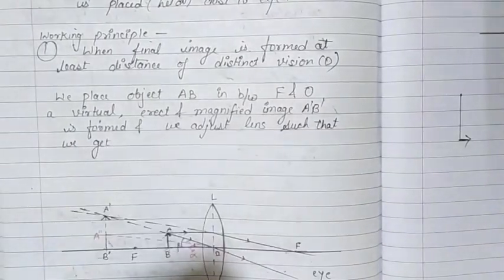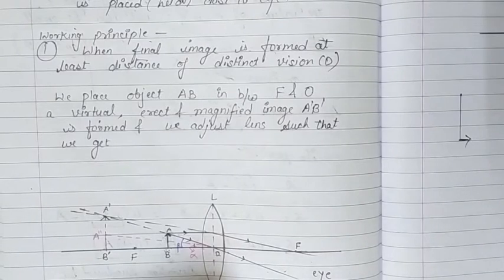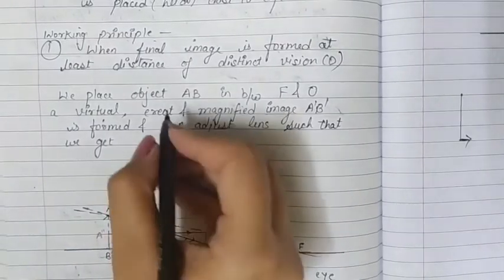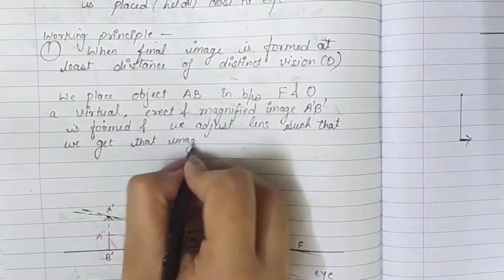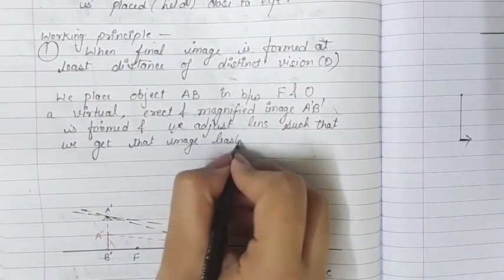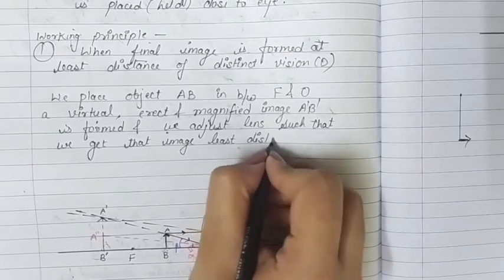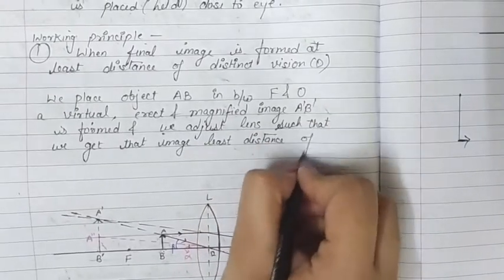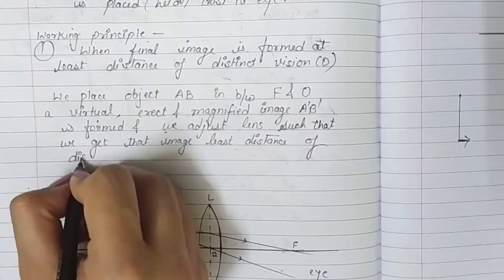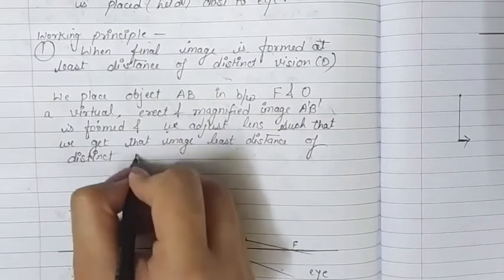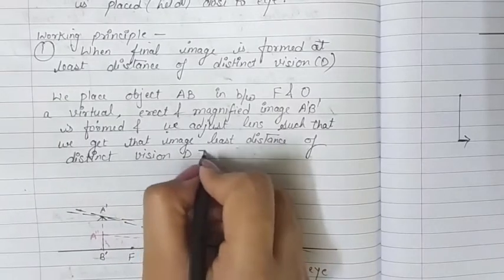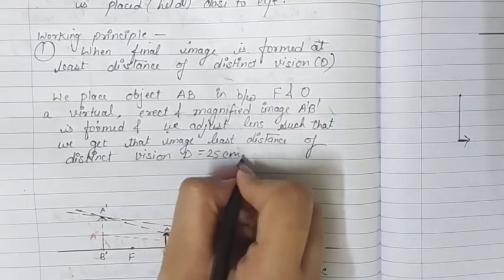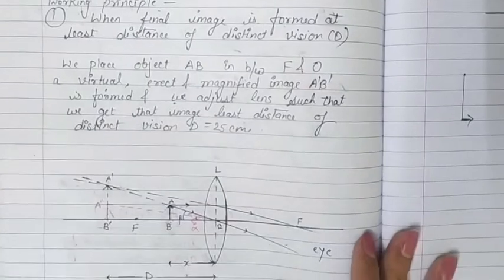We get a clear image means we are getting that image at the distance D, such that we get that image at least distance of distinct vision, that means capital D, and for a healthy eye this is equal to 25 centimeter. That's how the image will form.